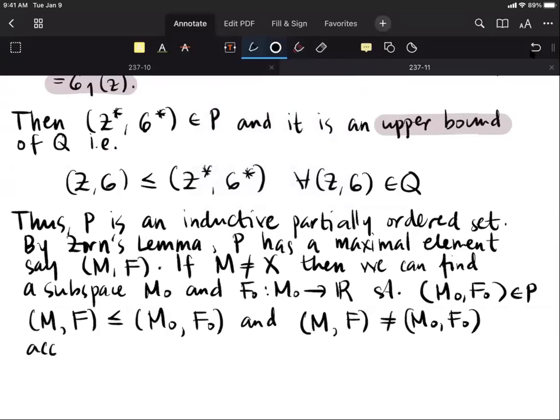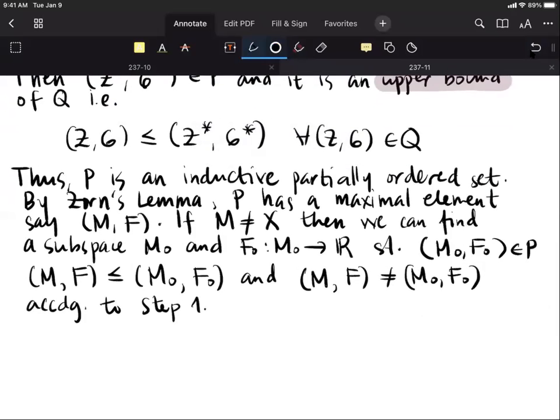According to step 1, if these two are not equal, you take M as your subspace Y in step 1, and you take an element x naught in capital X that is not in the subspace, and you can find an extension. Of course, this is not possible.